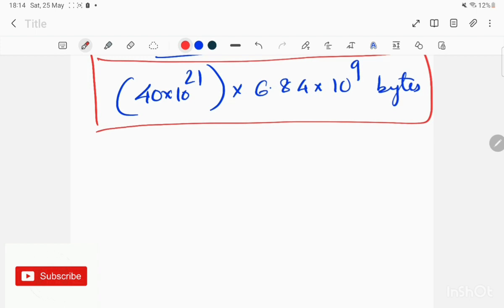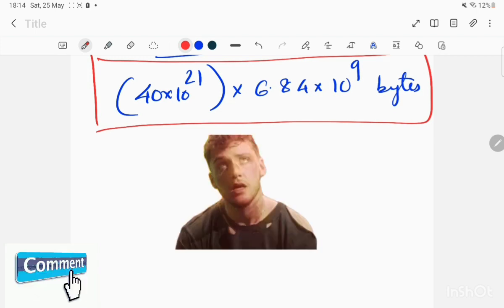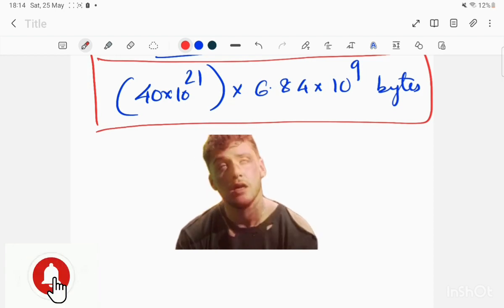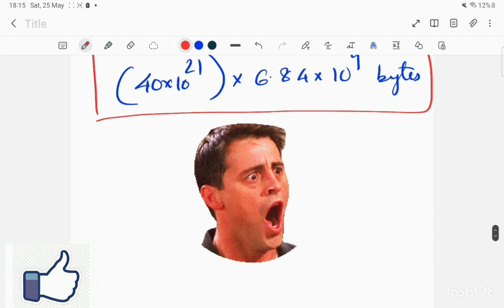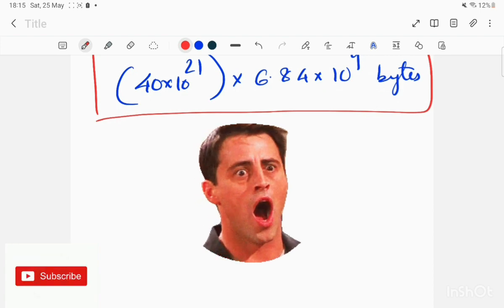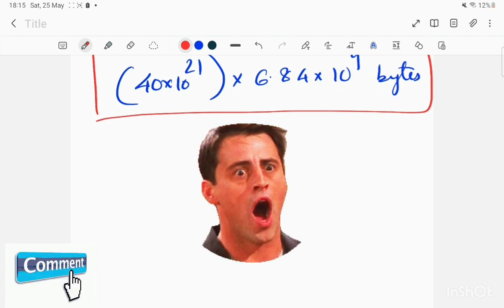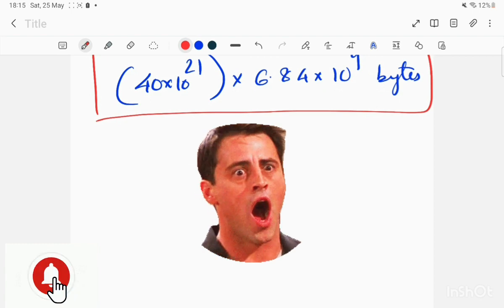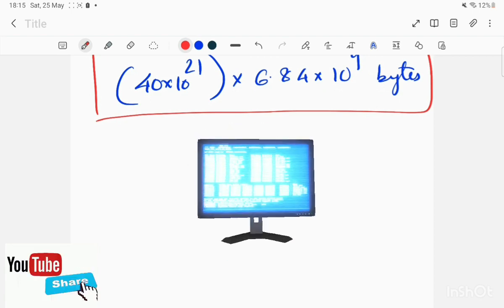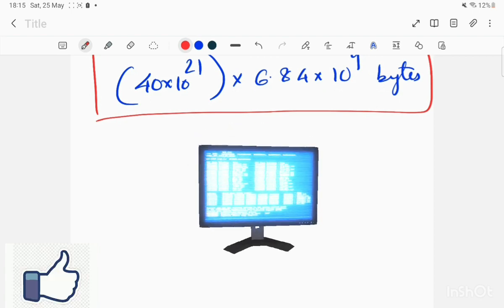And this is a huge number to be processed by the human mind or brain, isn't it? Forget about our human brain. It is quite a large volume of data for a traditional computer system to handle or to process.